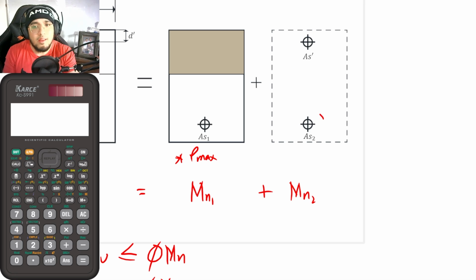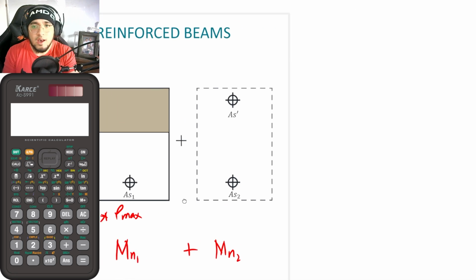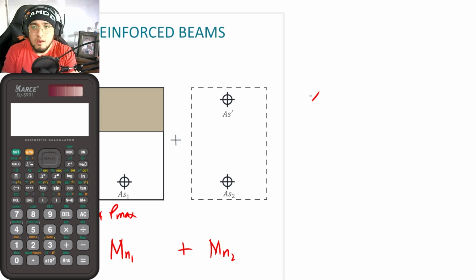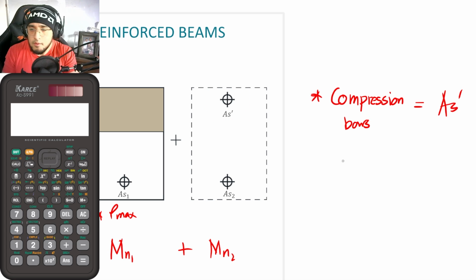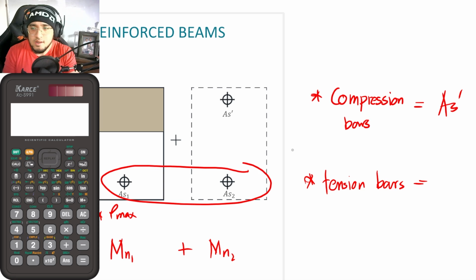Then from that, you can now solve for the total As prime required and As2. Just take note, guys, that for the compression bars, that is equal to As prime. But for the tension bars, you would just be adding these.